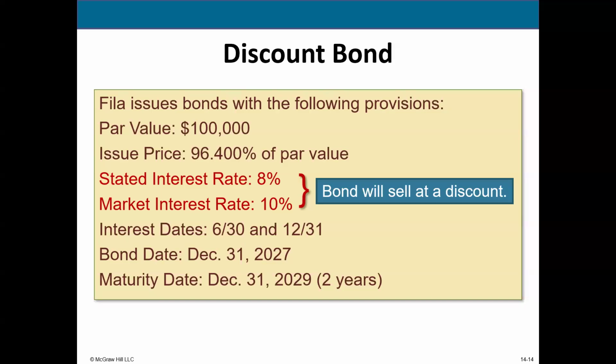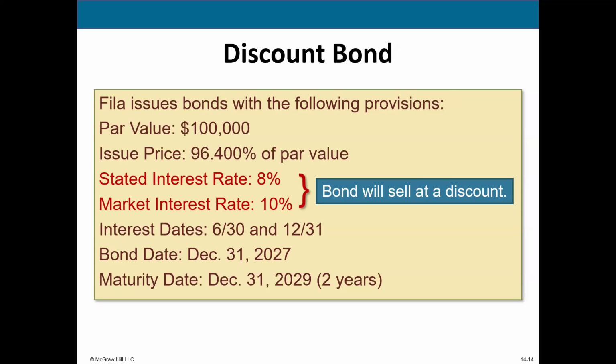Because of this, the exact issuing price of the bond will be approximately 96.4% of its par value, which is represented by the discounted amount.